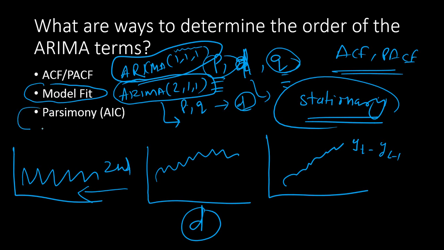The third one is parsimony. You can check the AIC and SBIC values; the one which is the least is also good. That means the fewer the terms in the ARIMA model, the better the model. That is expected.